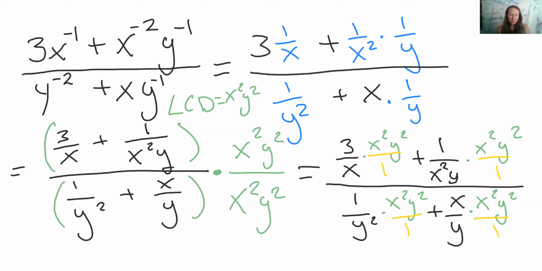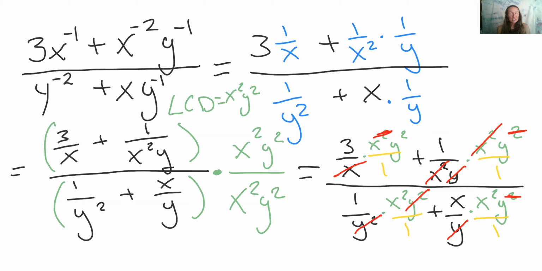So in our first fraction, the x cancels out with just one of these x's. In our second fraction, the x squared will cancel out the x squared, and the y will cancel out with just one of those y's. In our first fraction in the denominator, the y squared will cancel out with the y squared. And in our second fraction, the y will cancel out with just one of those y's.